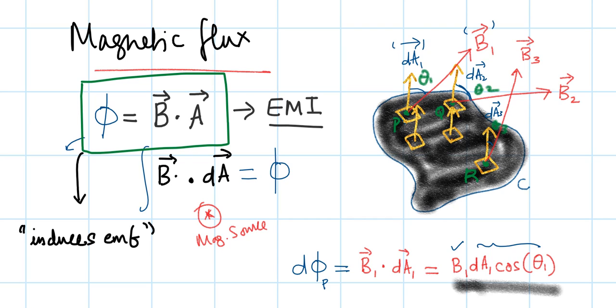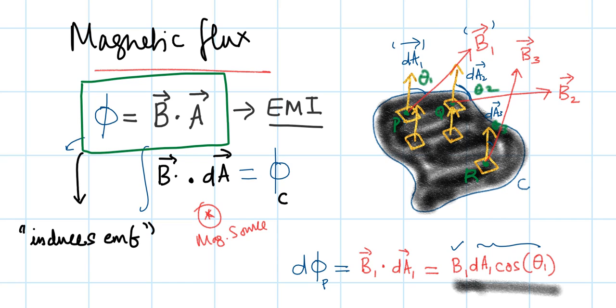So for the case of the coil C, the magnetic flux through the coil C will be this integral. Actually, we are not supposed to say integral and sum, because integration itself is a sort of sum, a continuous sum of infinite terms. So this entire thing equals the magnetic flux through the closed loop C.